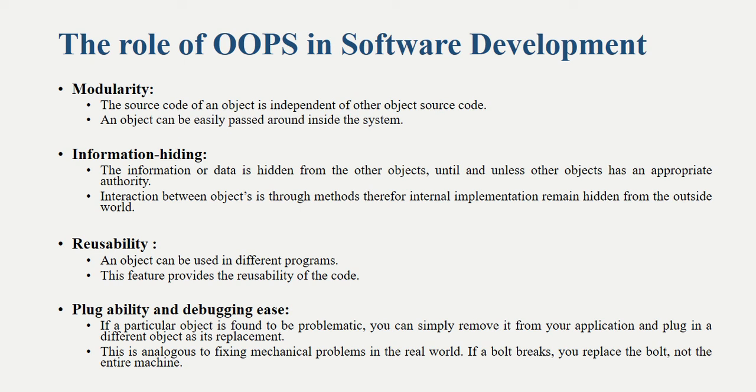Objects interact through methods, and these methods are implemented internally inside the object. So in order for an object to interact with another object, it has to create a method to give what is wanted from the data it holds, because it's all private to it. So we said modularity and information hiding.